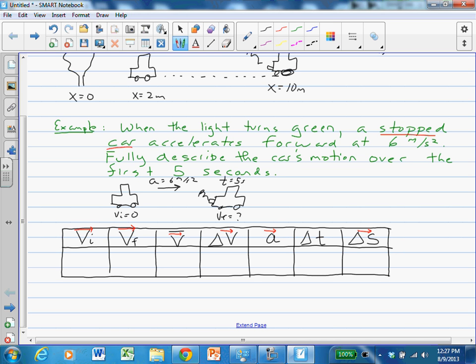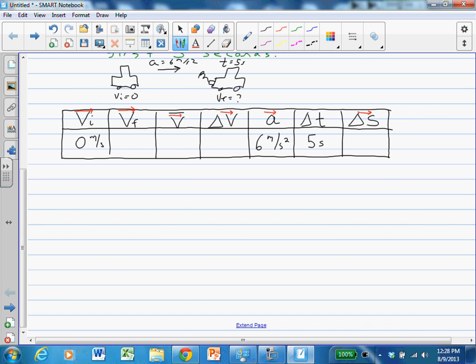Now we can put some of this stuff into our chart. This is 0 meters per second. We don't know VF. We don't know average velocity or average speed. We don't know the change in speed. We know acceleration is 6 meters per second squared. We know our delta t is 5 seconds. So let's solve for some of these things now that we know that information.